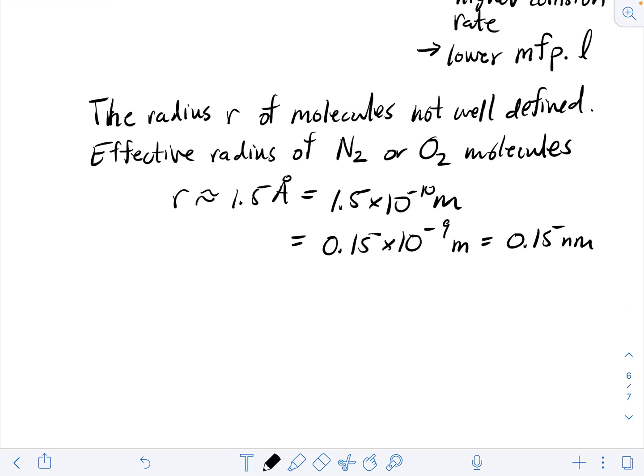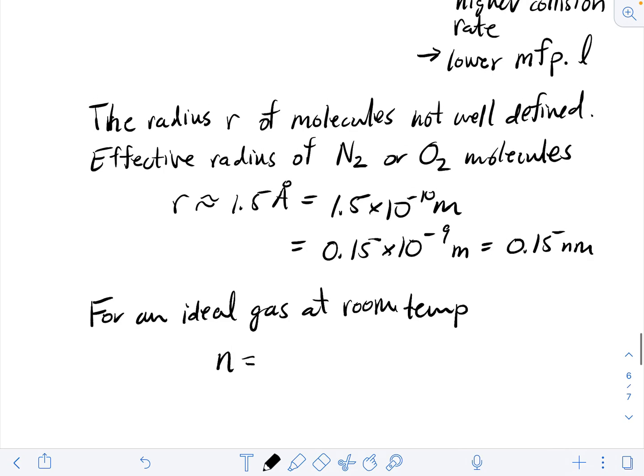Okay, so for an ideal gas at room temperature, the number density is N over V, but from the ideal gas law, that's P over kBT.